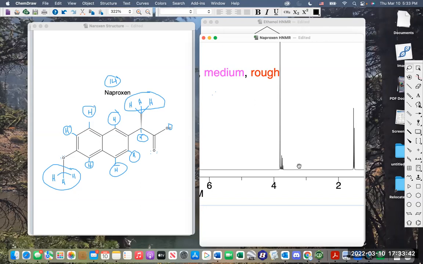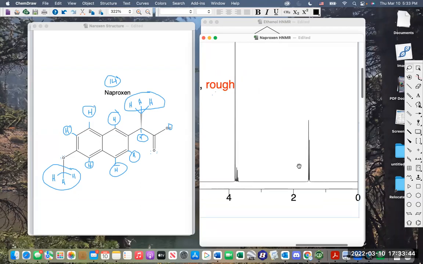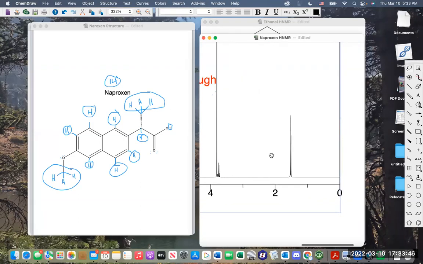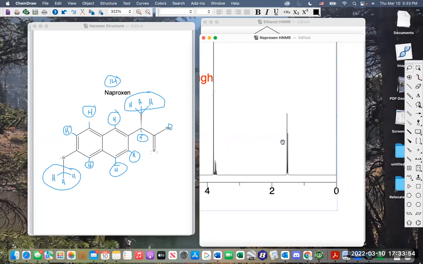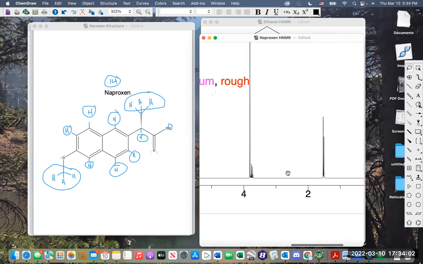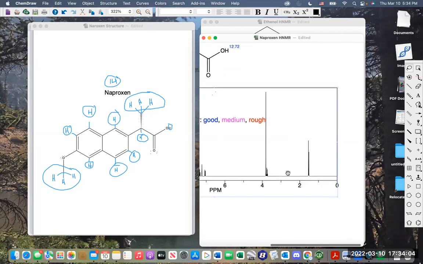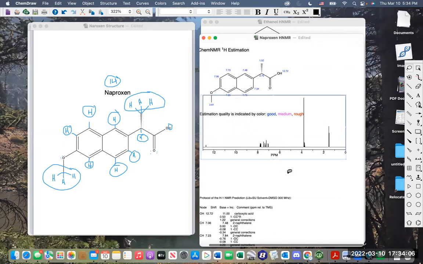So that's why we would see such an interesting splitting pattern there. And then furthest downfield would be the hydrogens of this methyl group, which show up as a doublet because their neighbor is this single hydrogen here. So that gives you an idea of why each of those particular signals shows up where it does.